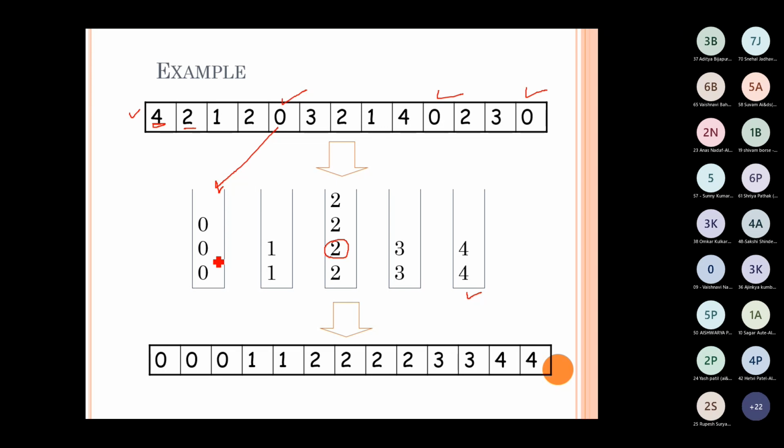At last we do the concatenation: bucket 0 concatenated with bucket 1, concatenated with bucket 2, then with bucket 3 and bucket 4.